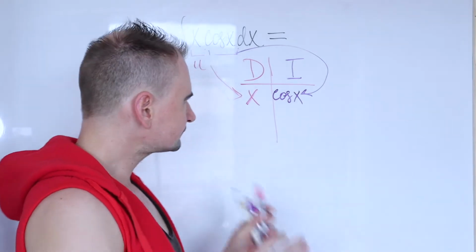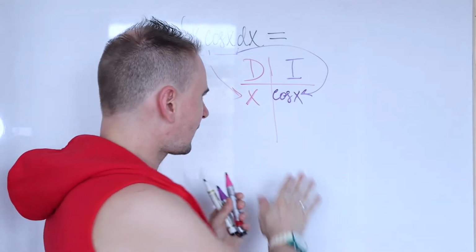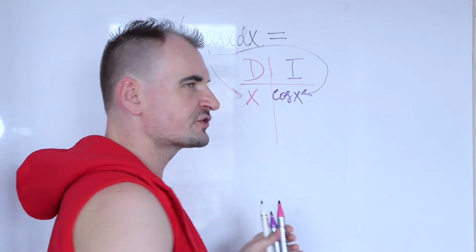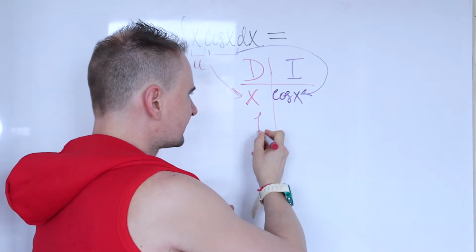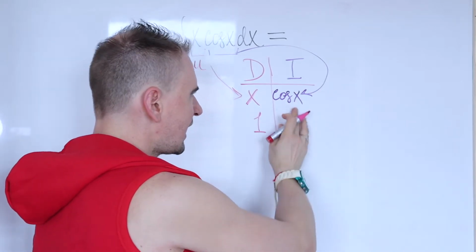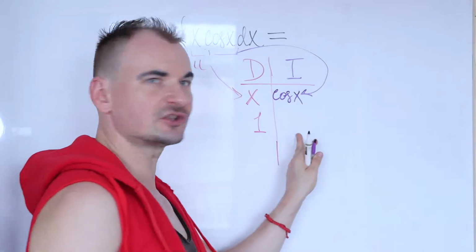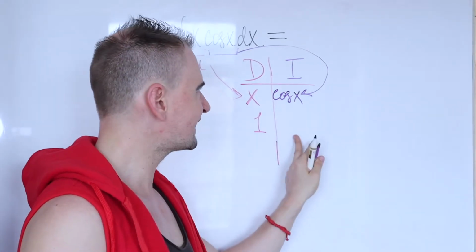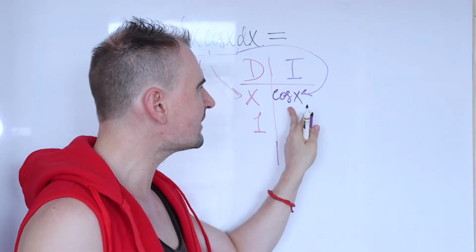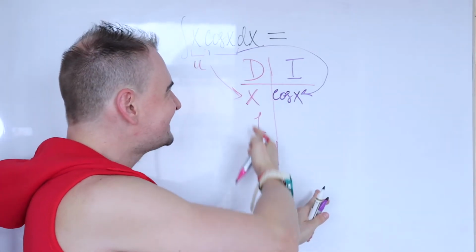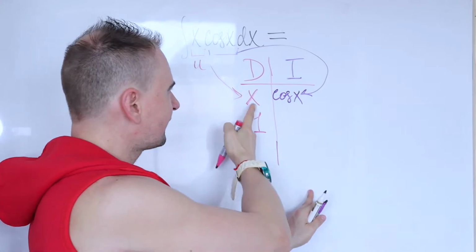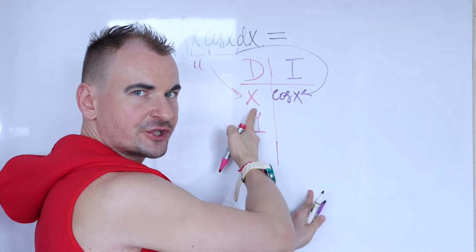So now the second row is just the derivative of x, which is 1, and the second row of the second column is going to be the integral. So in the first column, we differentiate your term.